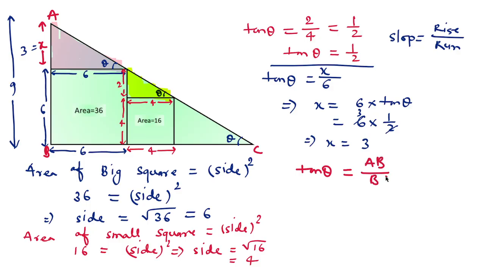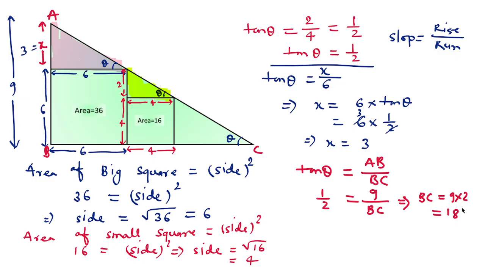We calculated tan theta as 1 by 2, and AB is 9 units, and BC we don't know. This implies BC is equal to 9 into 2, that means 18 unit.